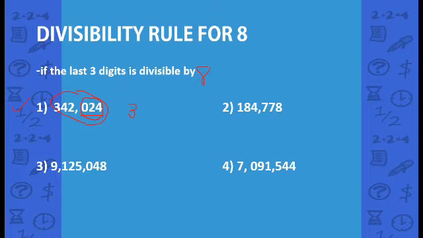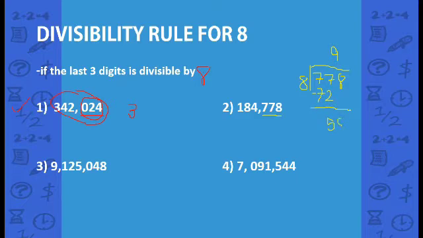Number 2, 184,778. So the last three digits are 778. So, try natin. Divide natin si 778 by 8. Tingnan natin kung ang makukuha nating sagot ay whole number. So, 7 cannot be. So, mag-start tayo. 77 divided by 8 is 9. 9 times 8 is 72. Then, subtract. So, 77 minus 72 is 5.